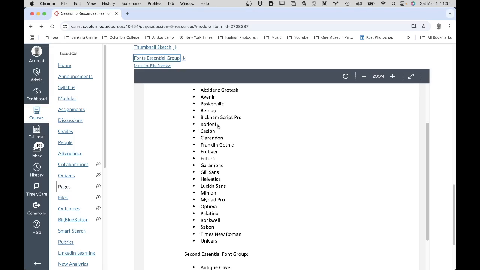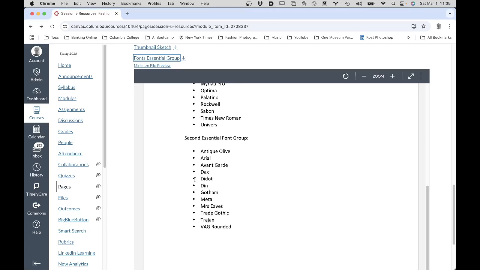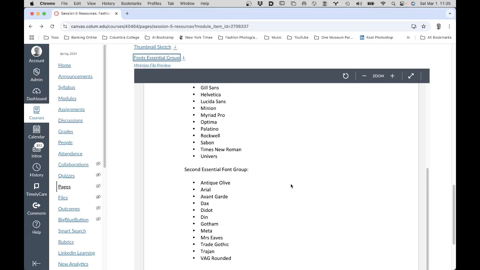So in just thinking about this, I'm going to throw a couple out here for you right now. Bodoni right here is the one that's used mostly by Bazaar. And in the second group right here, Didot is the one that Vogue uses. We're talking about really their mastheads and a lot of their logo stuff in there. There's all sorts of sources that you can go to find out what font should be used. So for instance, if you're trying to advertise in, let's advertise in GQ.